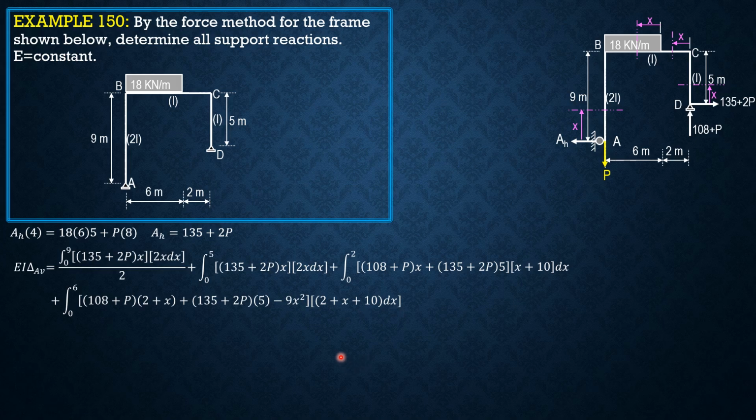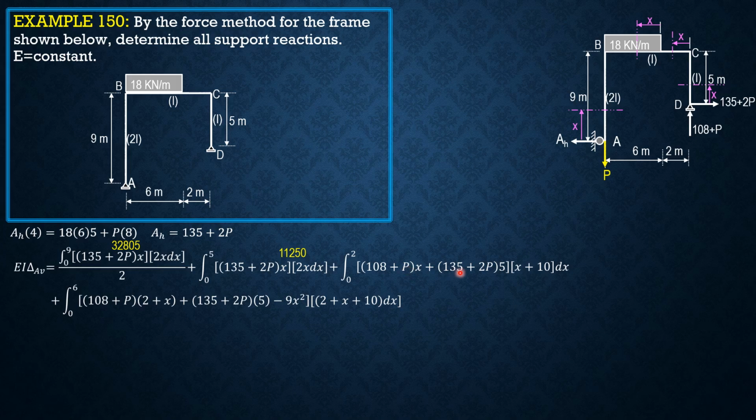So that's it. Then take note that we set P equals 0. Then evaluate the integral. The value of the first integral is 32805. Here, after setting P to 0, so integral of 135x times 2x dx, the value is 1150.